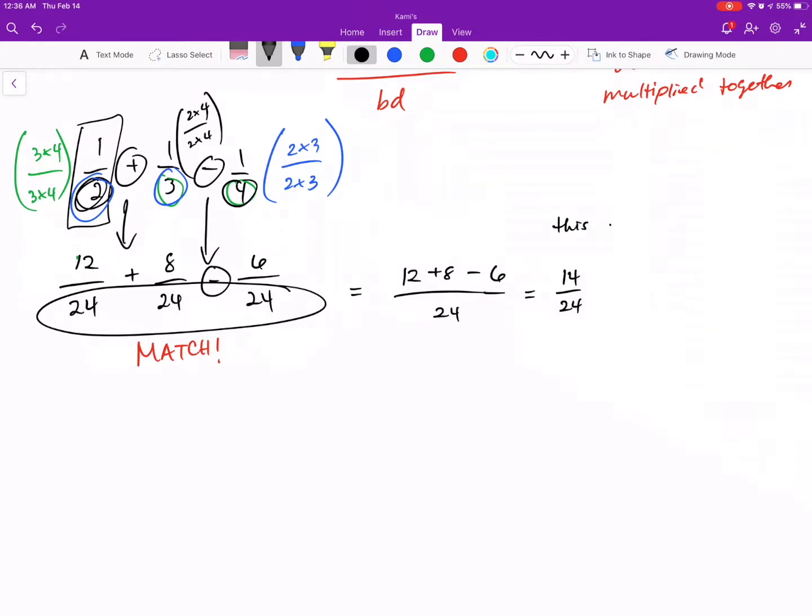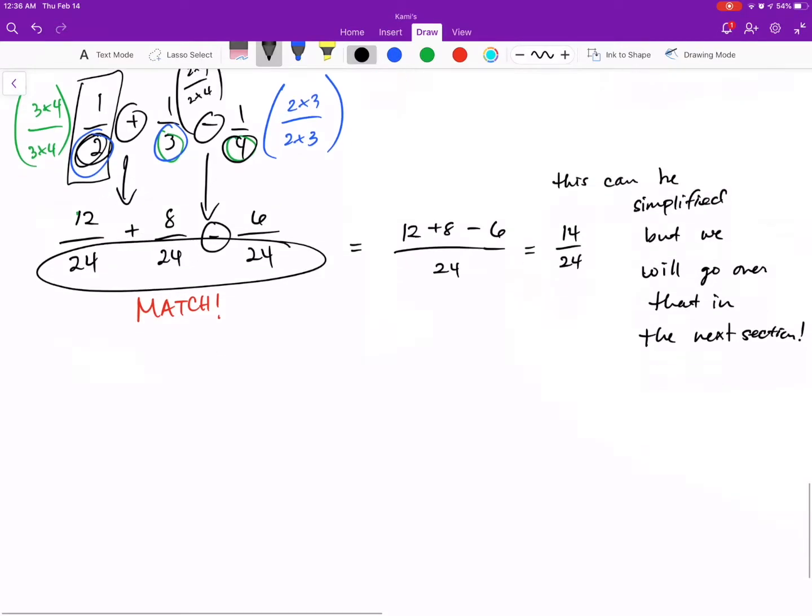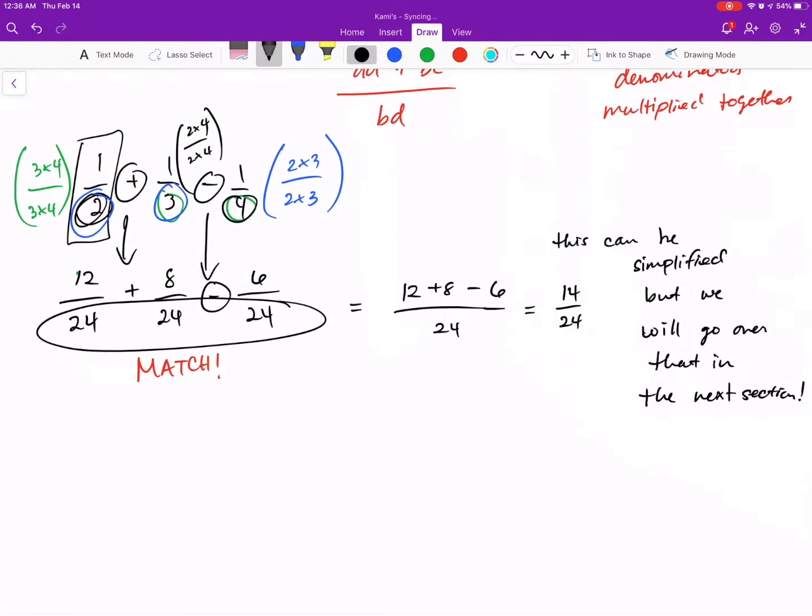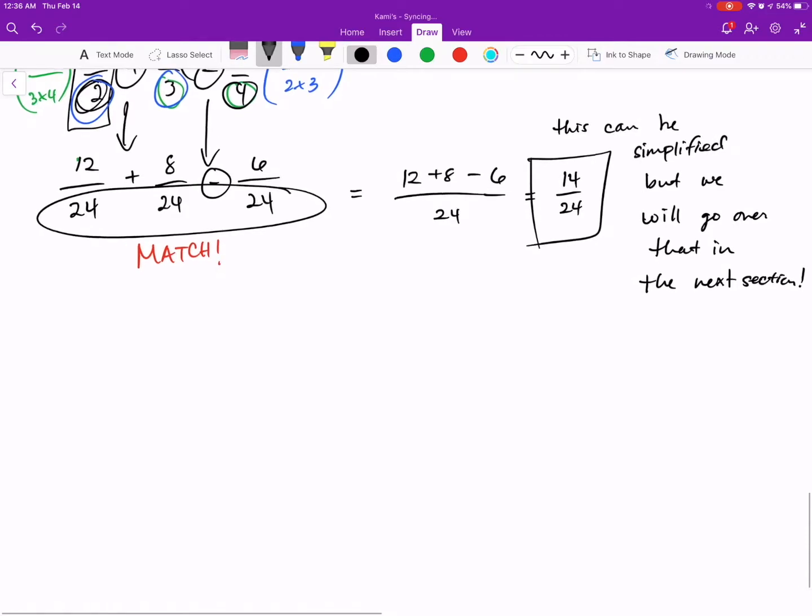This can be simplified, but we will go over that in the next section. Okay, so we can leave our answer like this and that'll be fine for now.